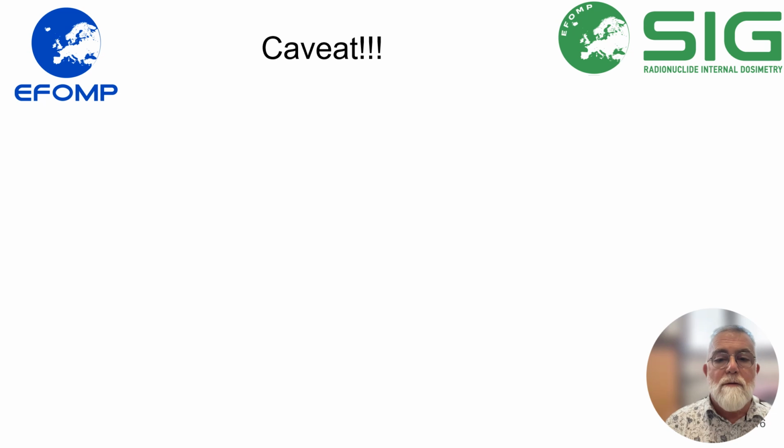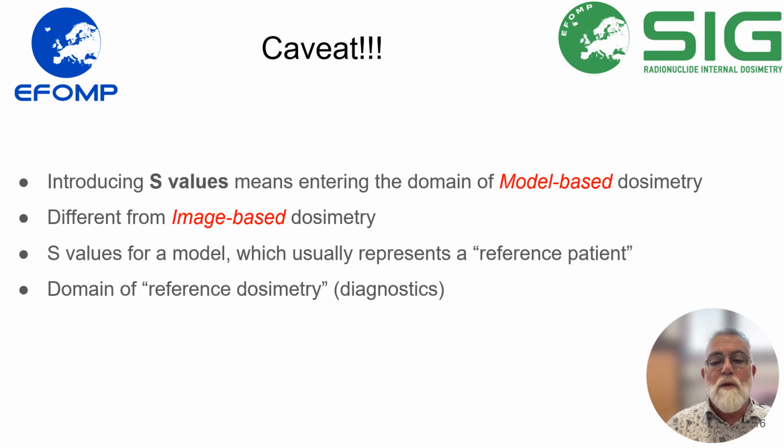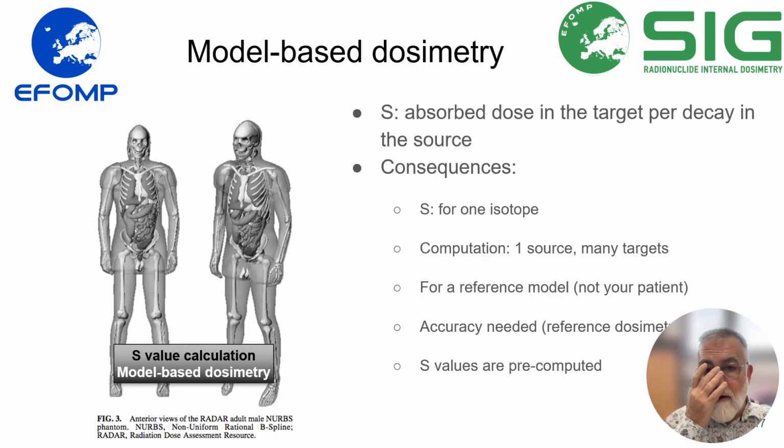So be careful, because whenever you use the S value, you enter a different world, and that is the world of model-based dosimetry. Because obviously these S values have been obtained not for your patient, but for a reference model, usually representing a reference patient. And that was very, very useful in a context of reference dosimetry for diagnostics. So you have here model-based dosimetry.